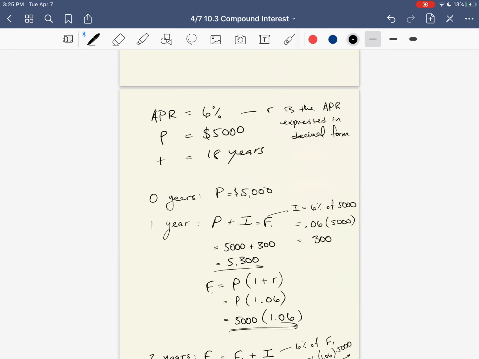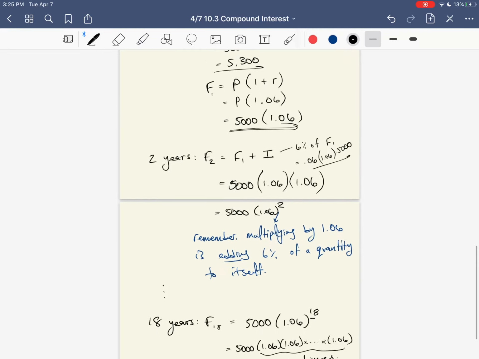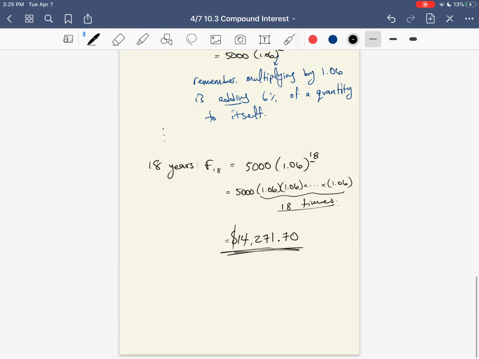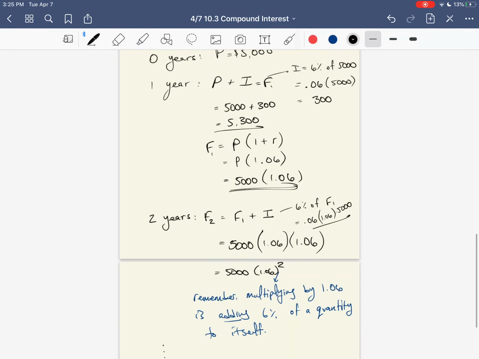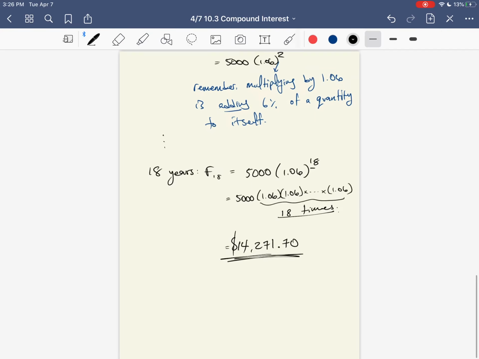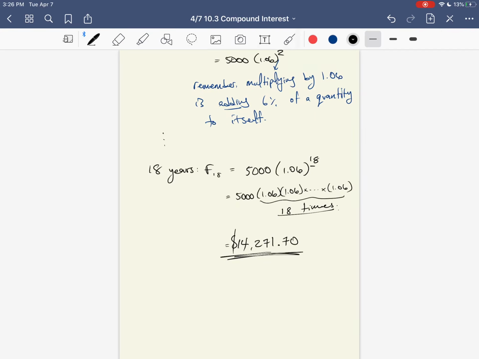That's quite a good deal, right? You've made almost 3 times as much money as you had when it was started for you. But it gets better than that. Now you have the opportunity, once you're 18, to take out that $14,000 and be a little bit ahead. But what if you decided to just forget that you ever had that trust fund and leave it to accumulate money until you were, say, 60 years old?